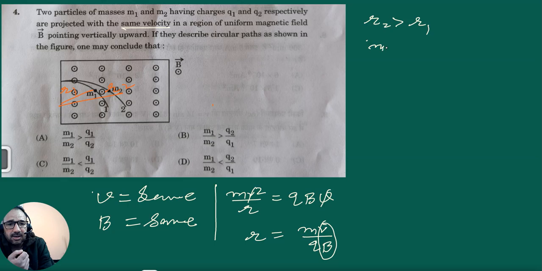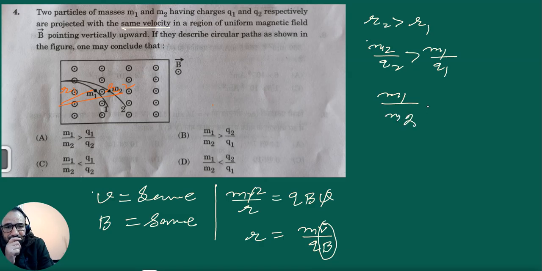So I can write here M2 upon Q2 greater than M1 upon Q1. But according to the demand, we can write it as M1 upon M2 is greater than what?